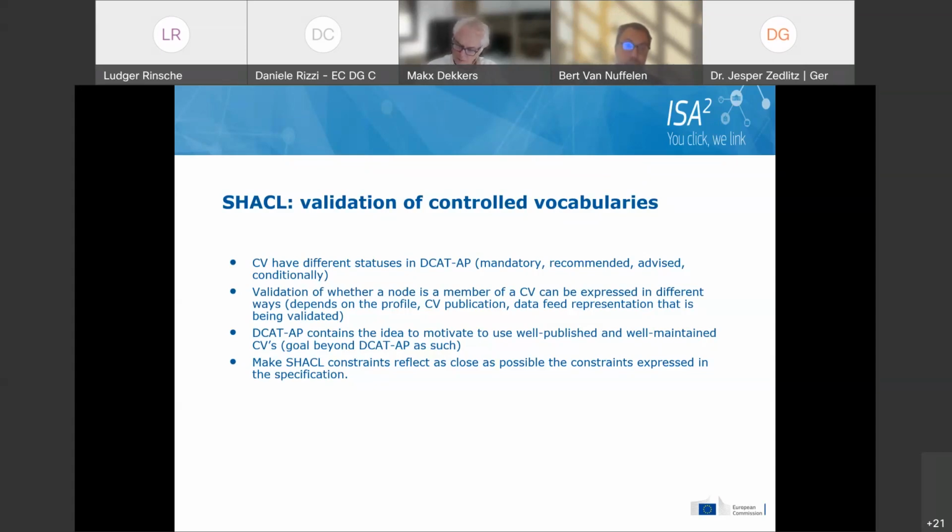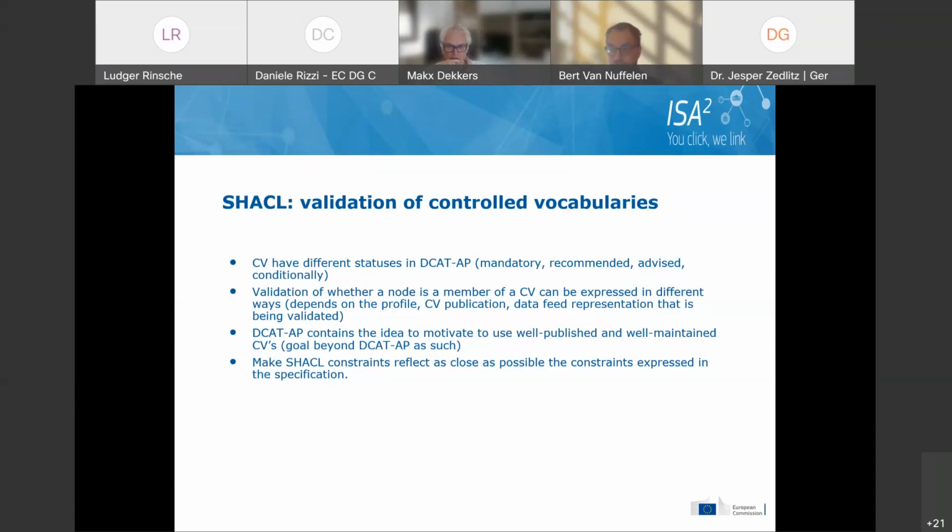And the third bullet point I want to raise is that in DCAT-AP, historically, there is as well an idea or motivation that if we use code lists and controlled vocabularies, they should be well published and well maintained, and that therefore some minimal information is available about the code list.